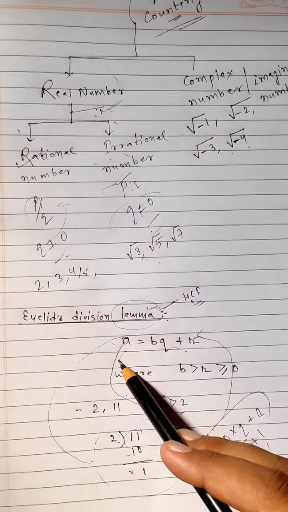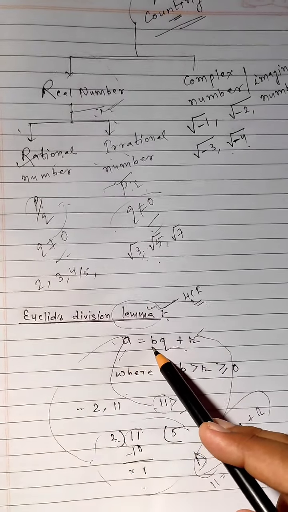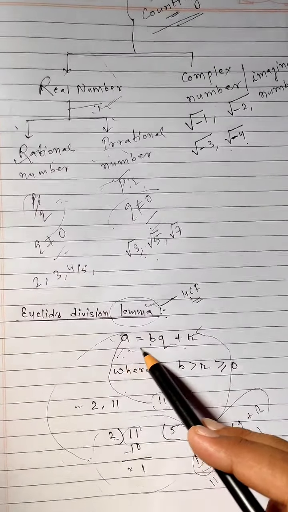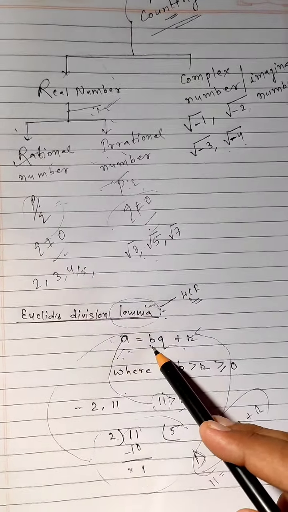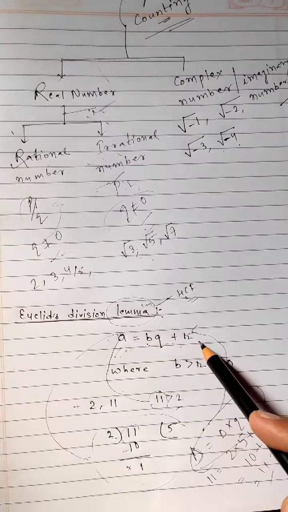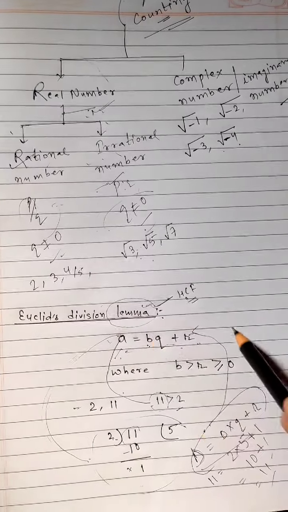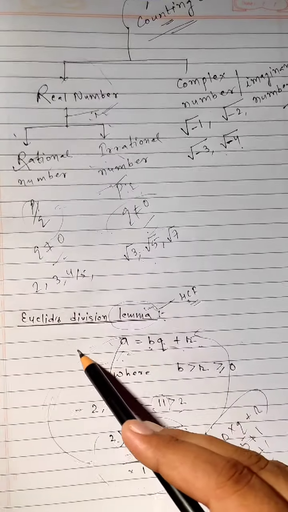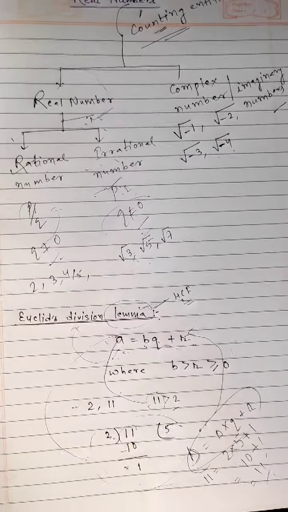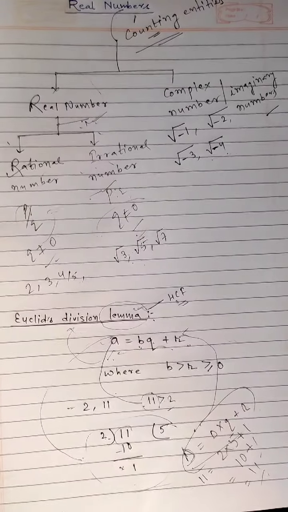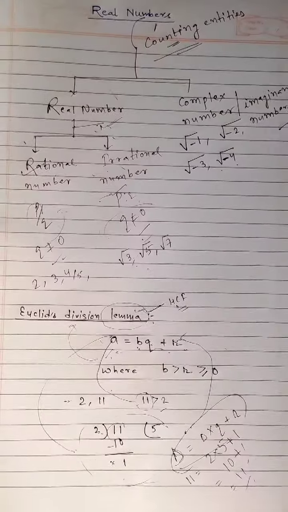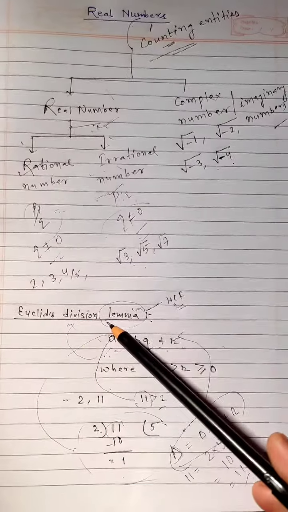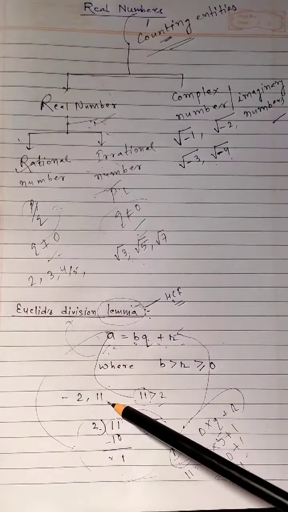So A is for the dividend, B is for the divisor, Q is for the quotient, and R is for the remainder. And this whole example is called Euclid's division lemma. So we have already understood how to use Euclid's division lemma for two given numbers.